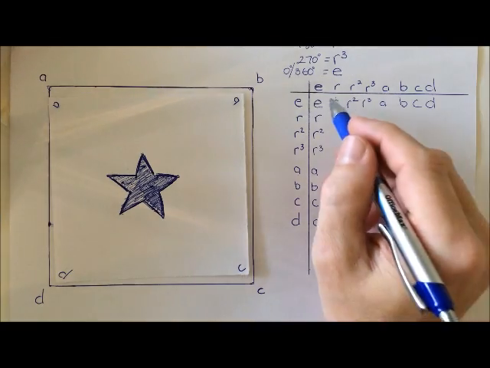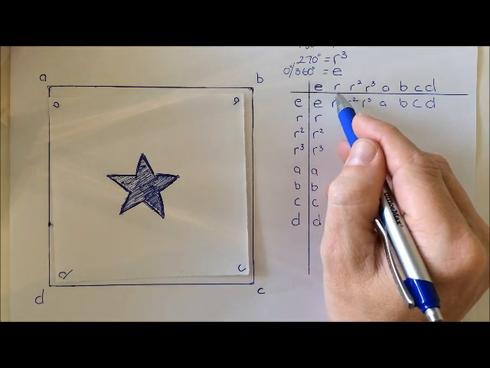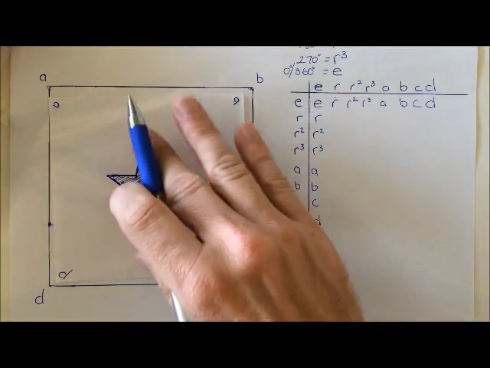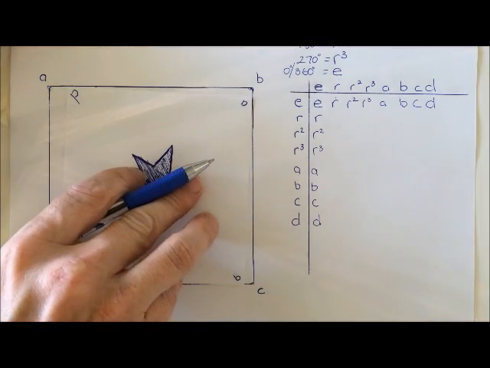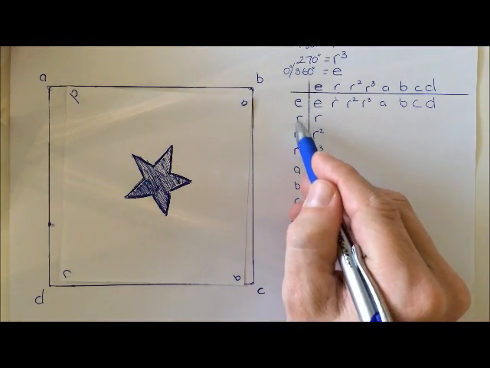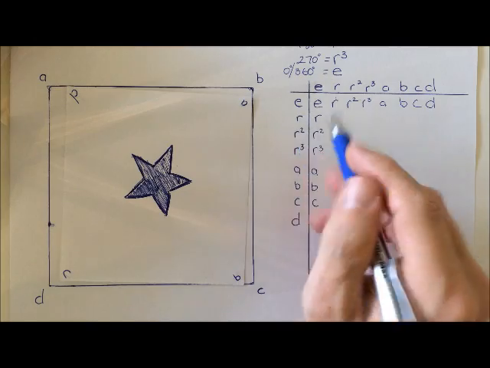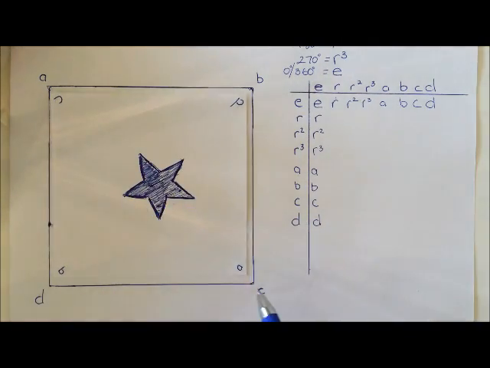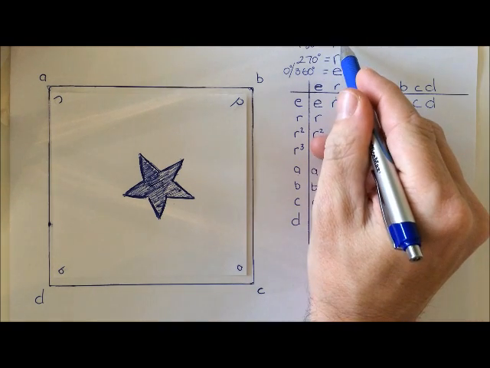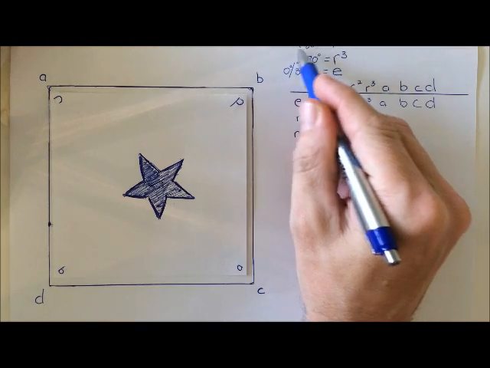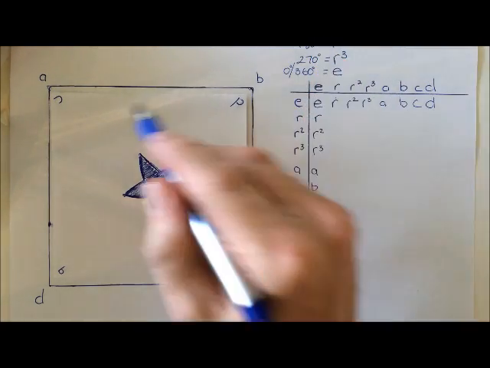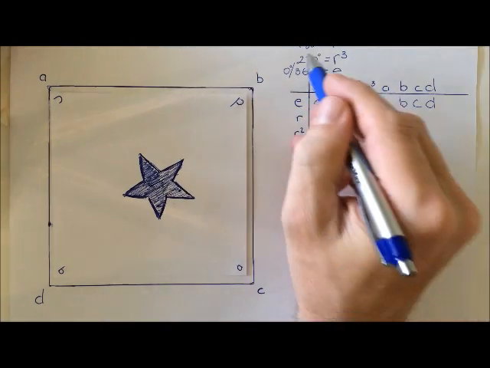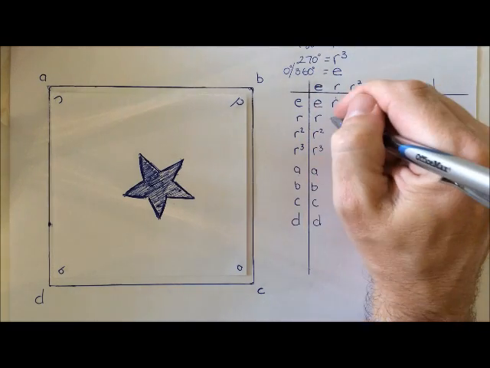Our first rotation is going to be along this axis, so R, so we move once, and a second rotation along this axis. Now we'll notice that our A has moved twice. Over here, it's moved twice. Not 2 lots of 90 degrees, but 180 degrees, or R squared.